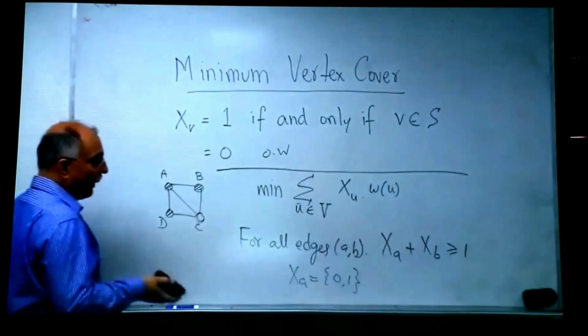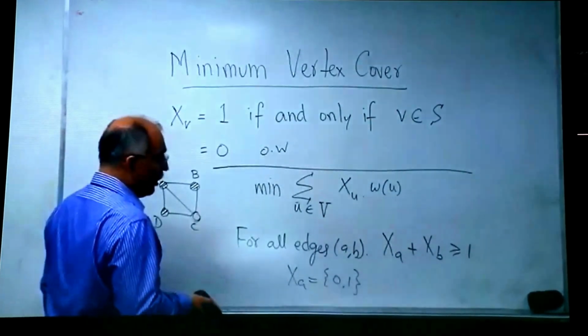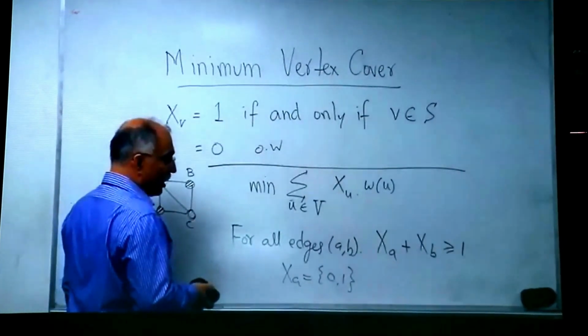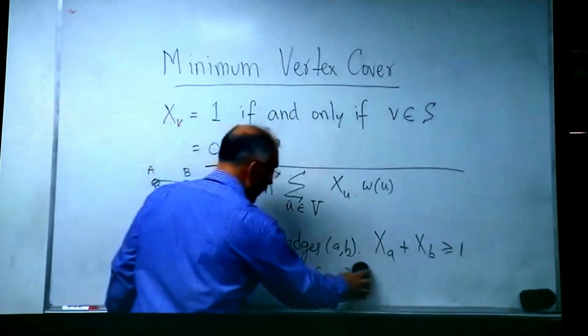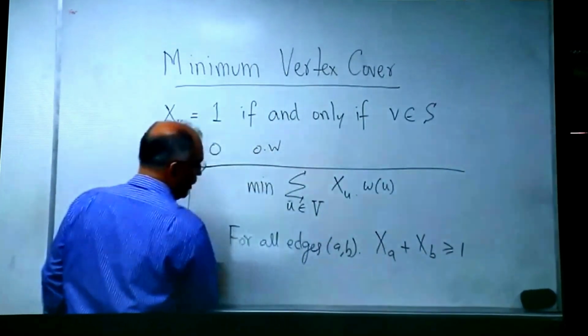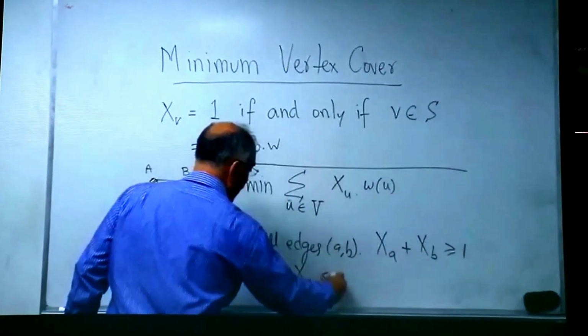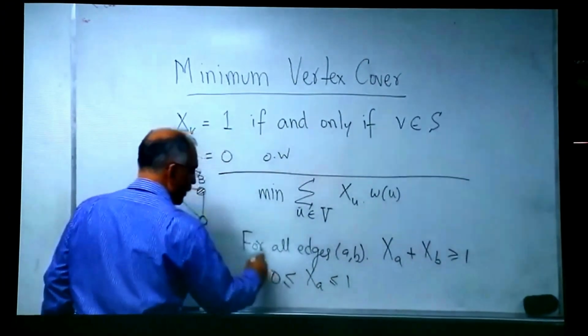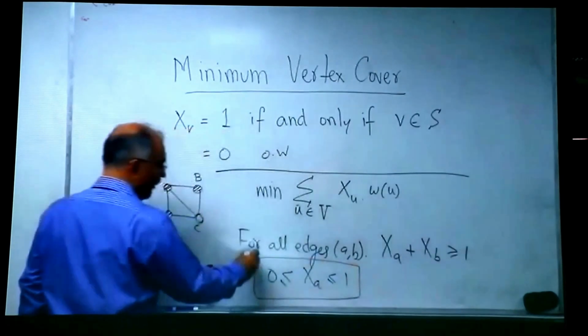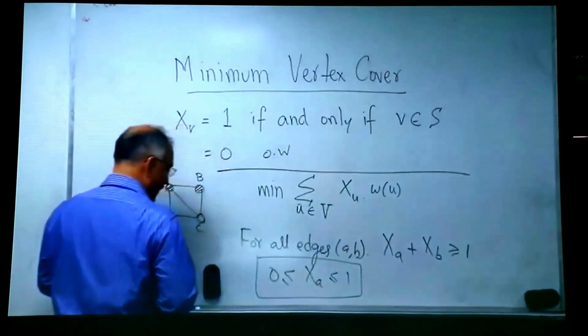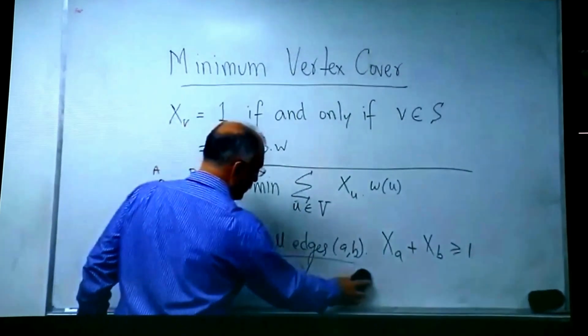But one thing that we can do is to solve this linear program by changing these constraints and saying that x sub a is at most 1 and at least 0. So I'm simply replacing this. In fact, I don't even need this upper bound. I can just say xa is non-negative, and that's good enough.